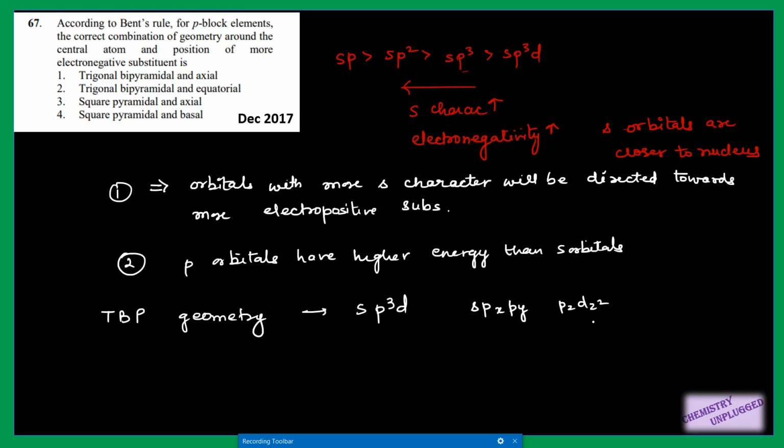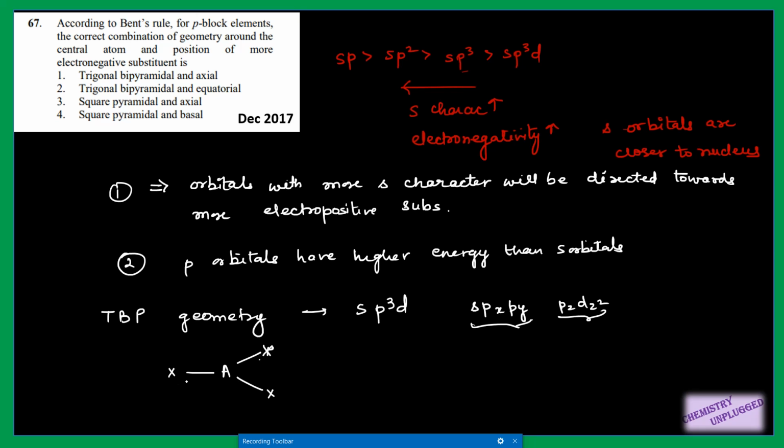By combination of all these orbitals you will get sp3d hybridization. So we can divide all these orbitals in two categories, this one and this one. The s, px, py, meaning this sp2, will be responsible for formation of this trigonal structure.